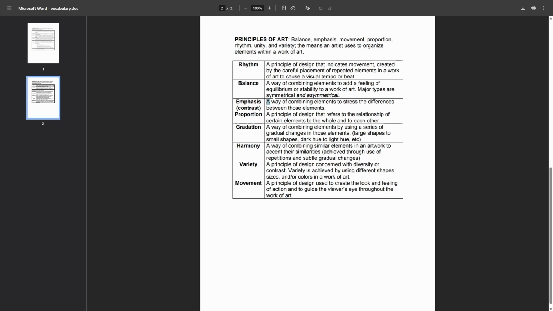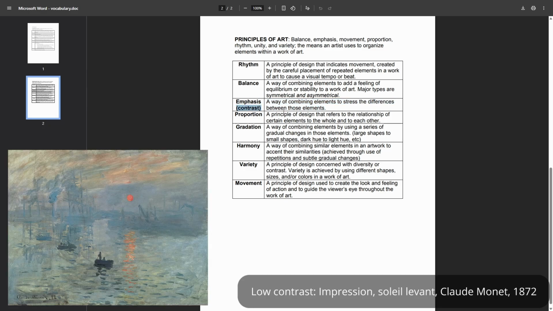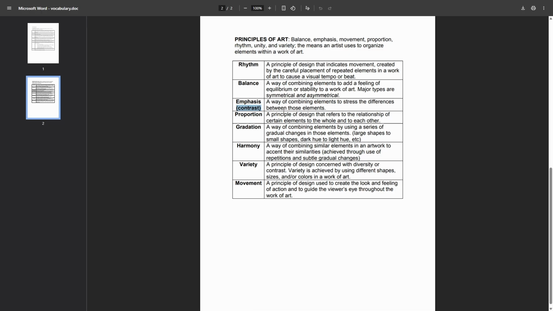We have the emphasis, a way to combine elements to stress the difference between those elements, and it can be read as contrast. So as I said, if you have, for example, the hair of a woman that is close to you, you might see every single hair strand. But if this woman is away from you, you are not seeing that difference. So the contrast between each hair is weaker, and maybe this woman in front of a very white or very yellow background actually creates another contrast.